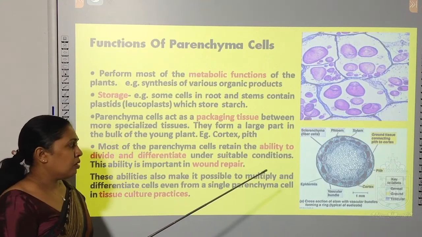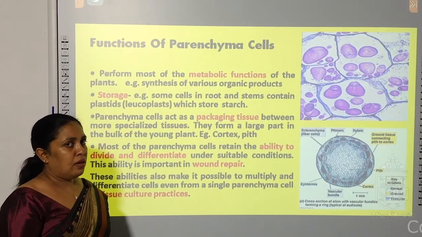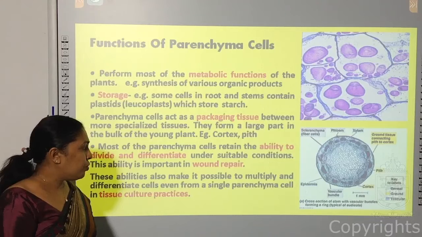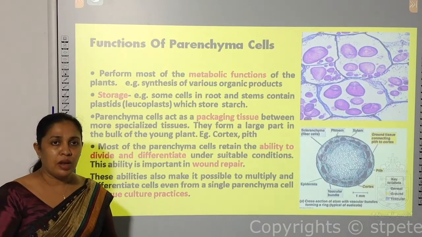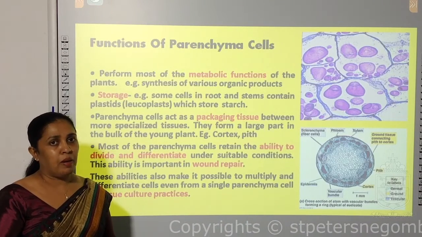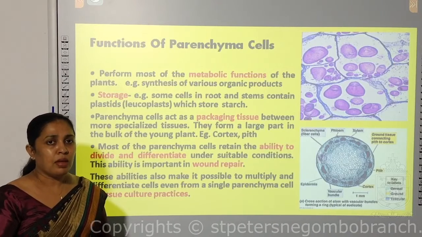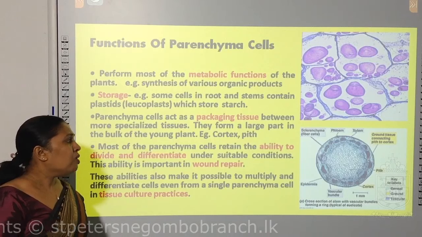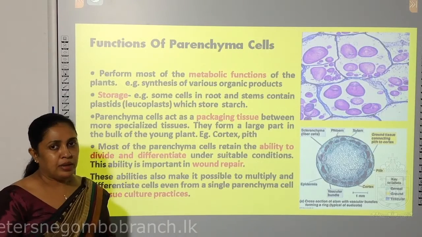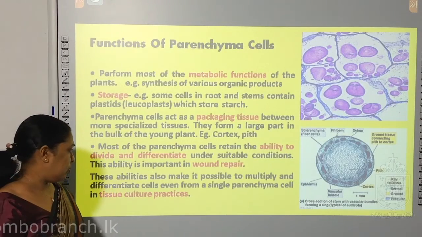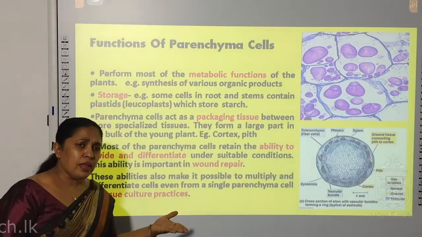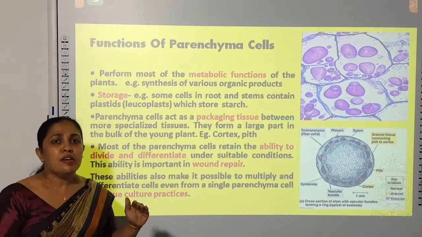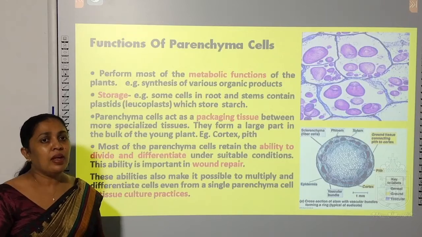This ability is also useful in wound repair because plants are always undergoing damage by the herbivores and various pathogens and environmental conditions, etc. So wound repairing ability is very important in this tissue system. And this ability is used in tissue culture practices in the laboratory.